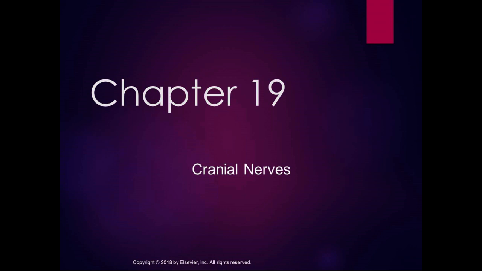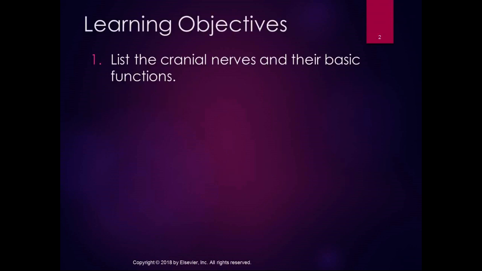So with the cranial nerves, the learning objectives for this are just to list the cranial nerves and their basic functions. So there are 12 cranial nerves, and there's a table in the book, figure 19.2, that lists the cranial nerves, and really that is all the information that you will need to know for this learning objective.